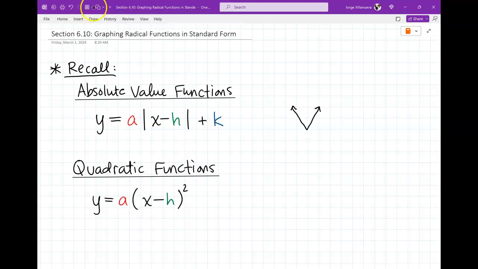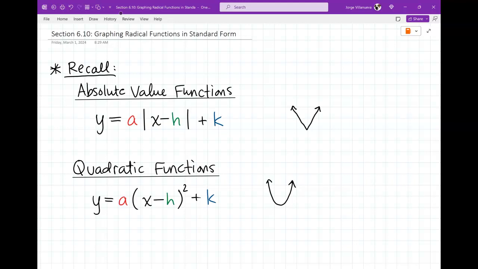But notice there's no real difference other than instead of the absolute value symbol, it's now a parenthesis with a square. The A term was called my amplitude. It made your graph either grow faster, like maybe instead of a normal looking V, it was like a really thin V or a really wide V. For this one, it kind of looks like the letter U, right? So it kind of looked like this. If A was positive, if A was negative, it opened down.